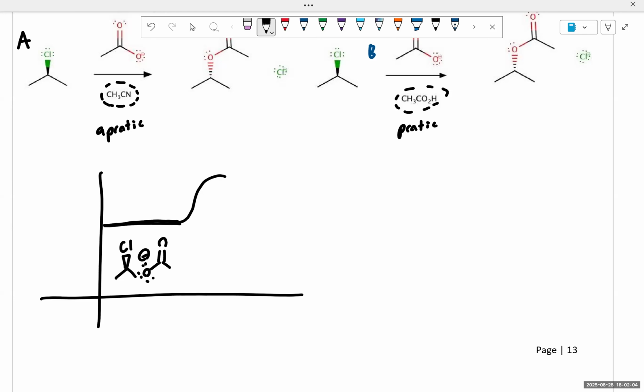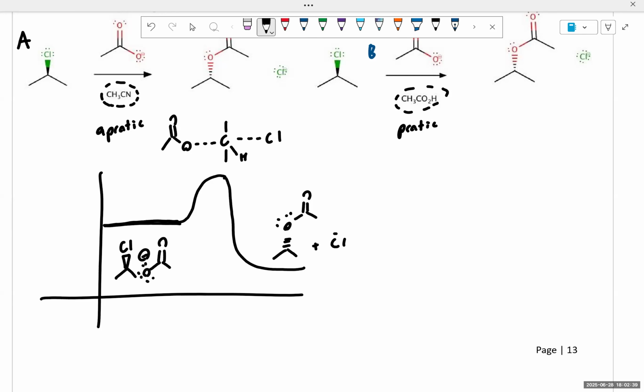There's going to be a transition state. In this transition state, we're going to be forming the bond between our carbon and nucleophile and breaking the bond between our carbon and leaving group. Then we will get our product, which will have a new bond between our carbon and our nucleophile, and we'd lose our leaving group.